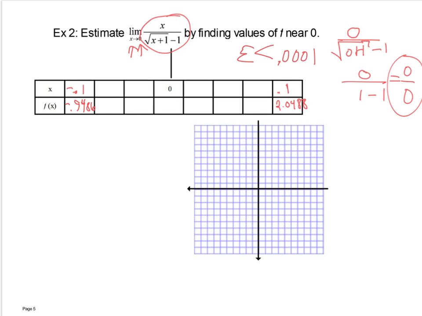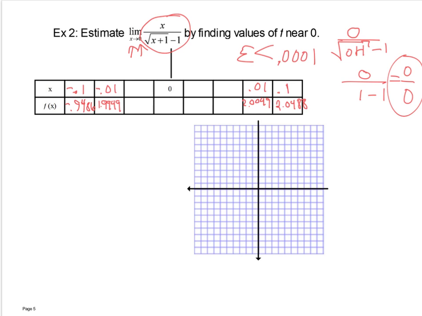So we're not. They might say 2 decimal places, but I'm going to say 4 for this one. So now let's do a delta of 0.01 then. So I'm going to do negative 0.01 and 0.01. I see I have an extra column over on this side, so we're not going to need one of those boxes. All right, so go ahead and calculate those.